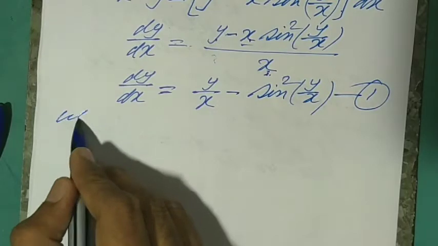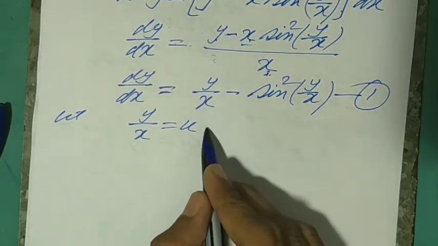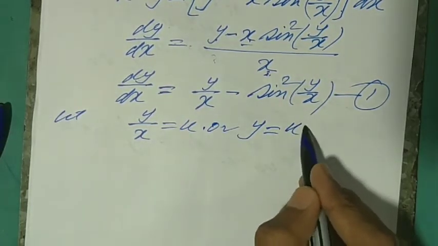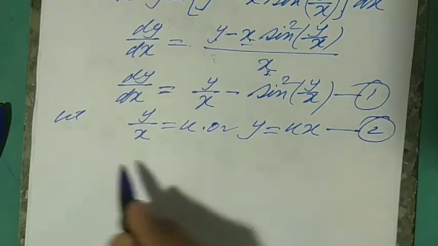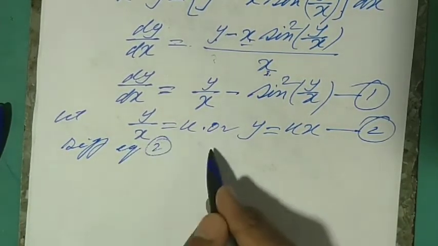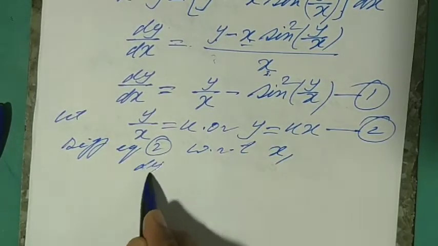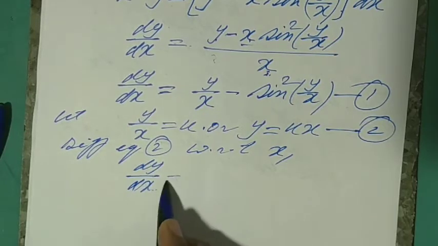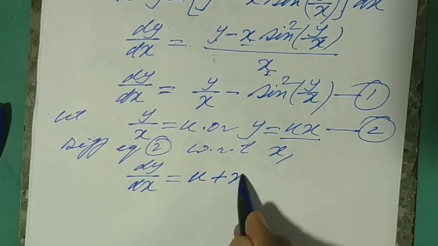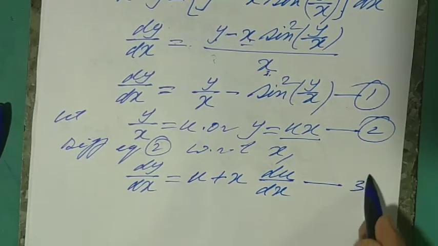So now we have to substitute y upon x is equal to u, or y is equal to ux. Let it be equation number 2. Differentiating equation 2 with respect to x, we get dy upon dx is equal to the differential of ux, u plus x du upon dx. Let it be equation number 3.